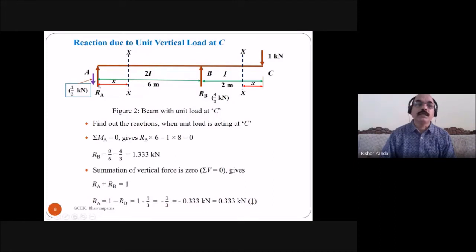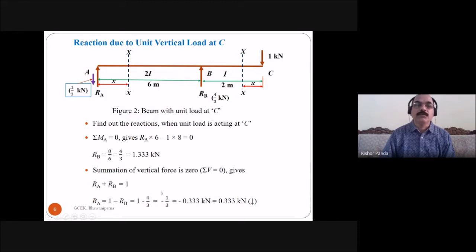Then you take the summation of vertical force equal to 0. RA plus RB is the upward direction, and the downward force is equal to 1 kilonewton. So RA plus RB is equal to 1 kilonewton. Then RA is equal to 1 minus RB, 1 minus 4 by 3, which is minus 1 by 3.